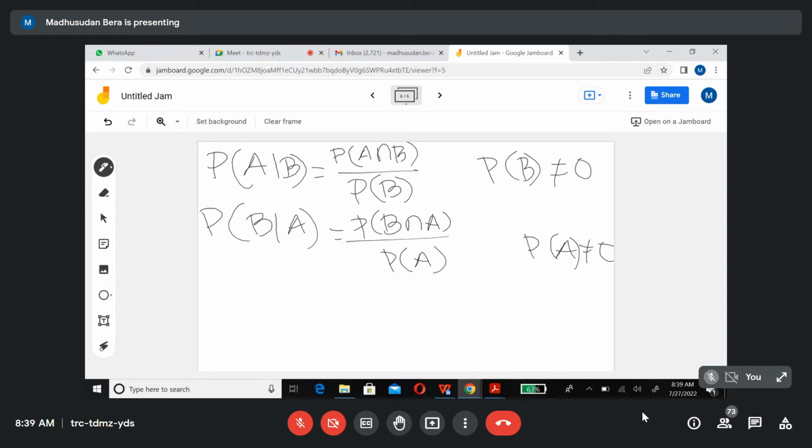P of A given B is nothing but inside B finding the probability of A. That means B has already definitely occurred, then we will find the probability of A. That is the conditional probability. One condition is given. So what is the condition? A given B means B already occurs. That is our condition.